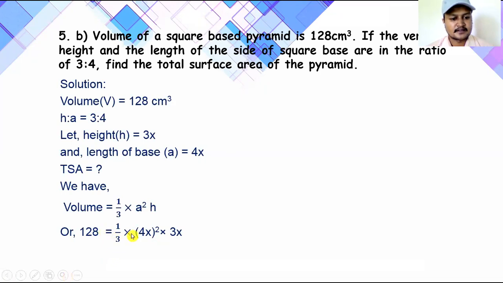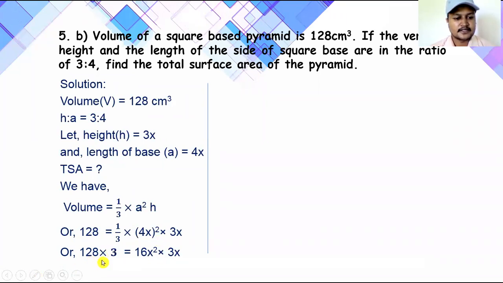Take 3 here. Similarly, 4 square is 16, square of x is x square. Multiply 128 with 3, and 16 x square remains as it is, x remains as it is.